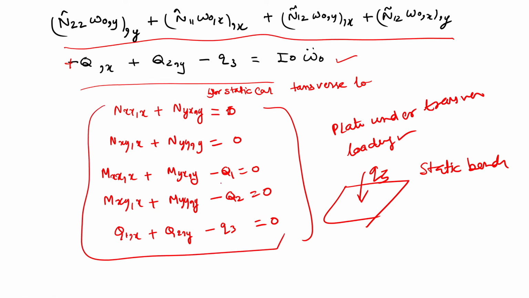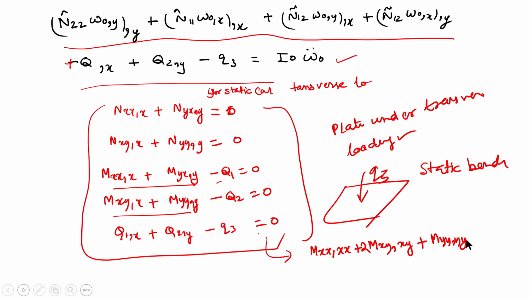you can find these 5 governing equations. You can verify where q1 is this, q2 is this. If you substitute it into this equation, it basically reduces to classical plate theory. So it gives you mxx double derivative in x plus twice mxy comma xy plus myy double derivative in y minus q3 is going to be 0.